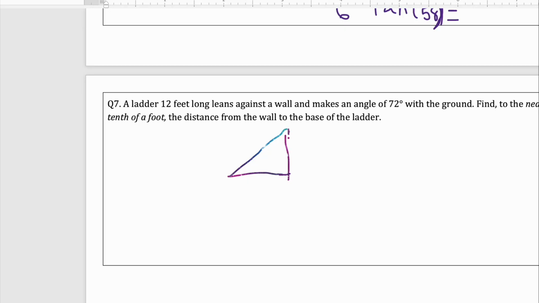This is the ladder, this is the wall, and this is the bottom of the ladder to the wall.